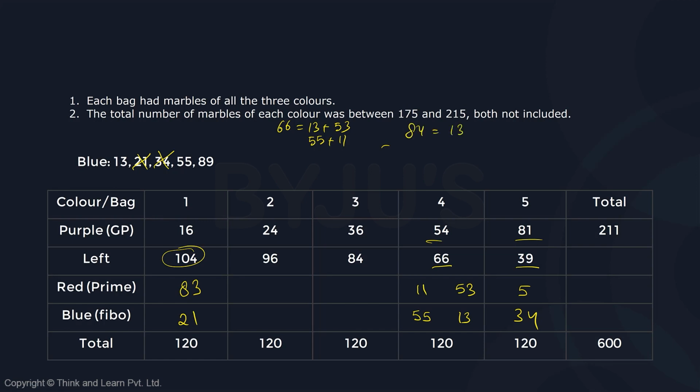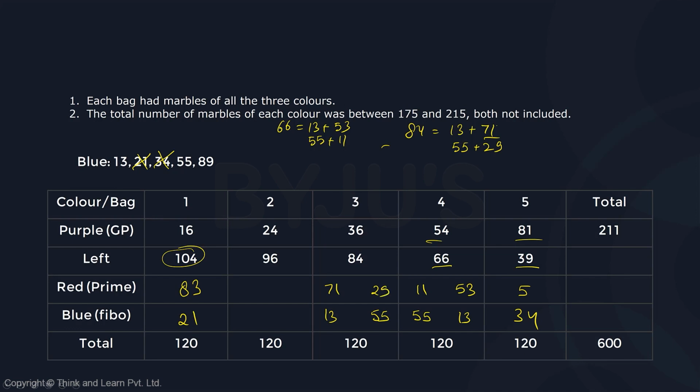If I take 13, I'm left with 71. Again a prime number. So 13 and 71 is possible. If I take 55, I'm left with 29. This is another possibility.